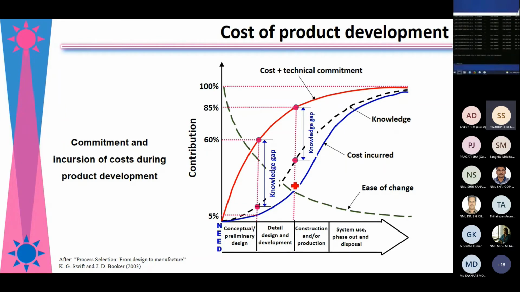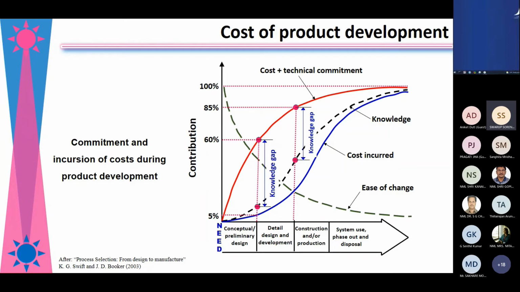We have to stick to the knowledge in the first phase, and if we feel that knowledge is not enough, we should go back so that without incurring a large amount of cost, we fill the knowledge gap first and then go to any construction or production. This is a very important thing to do.